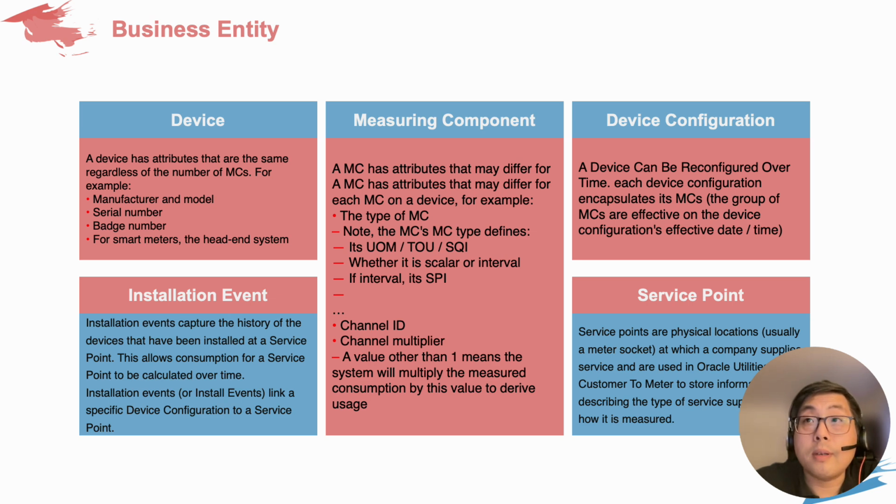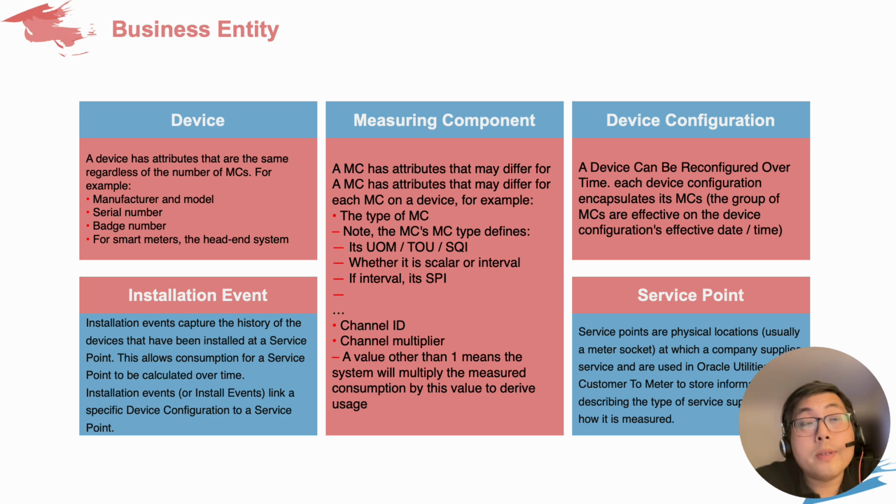Installation event has a child table called on and off history, and that can be utilized during billing, or it can be utilized during the estimation process as well if required. So it can consider treating that period a bit differently.